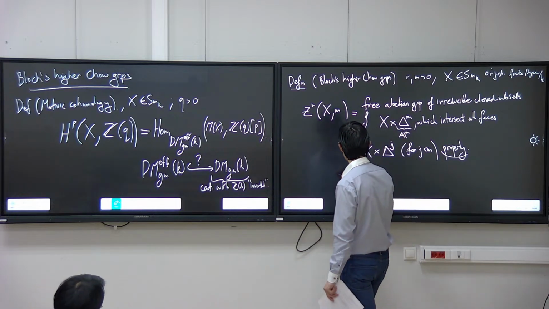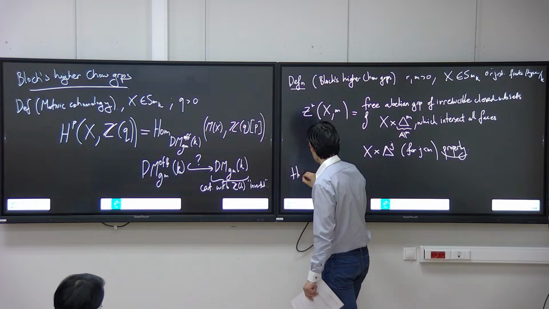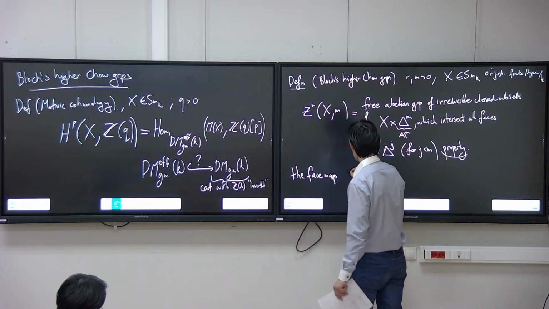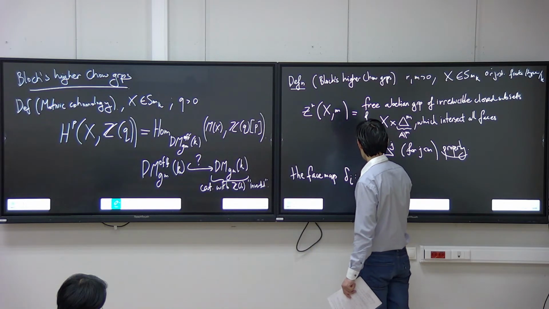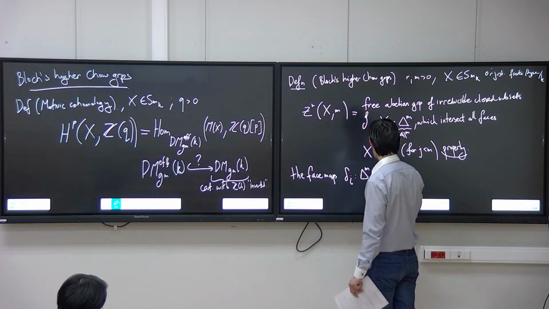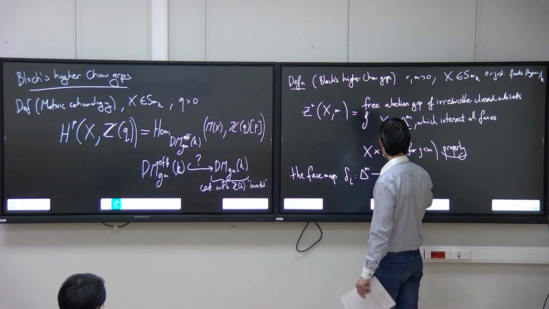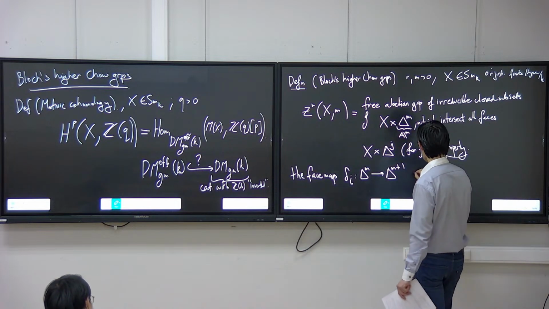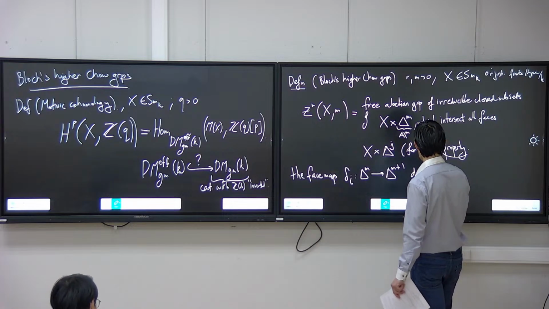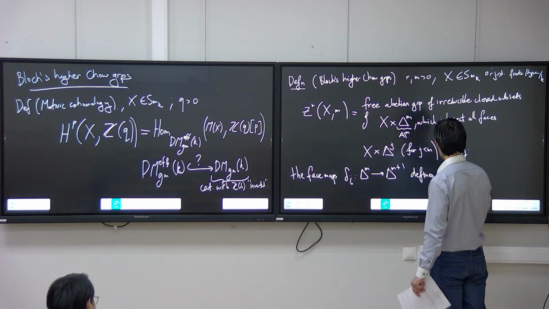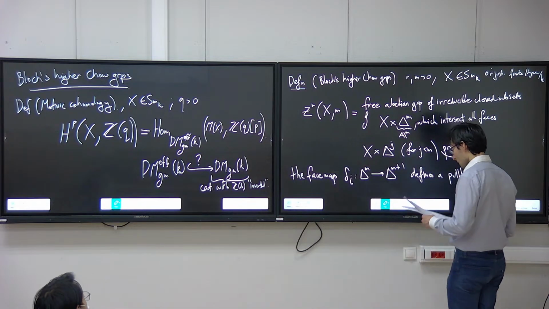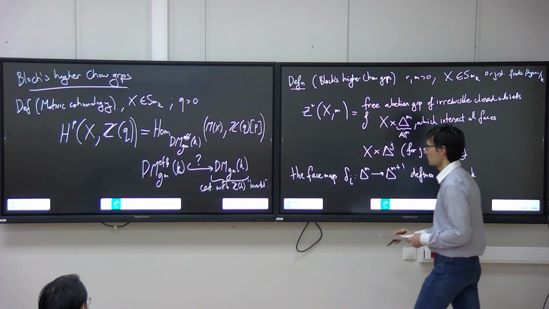The face maps, say Δ^i, setting some i-th component to 0, define a pullback map. Let me write it on the next page.